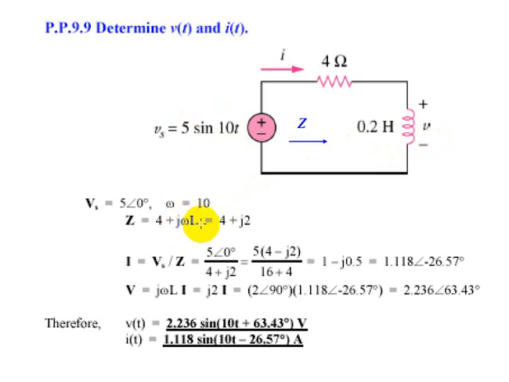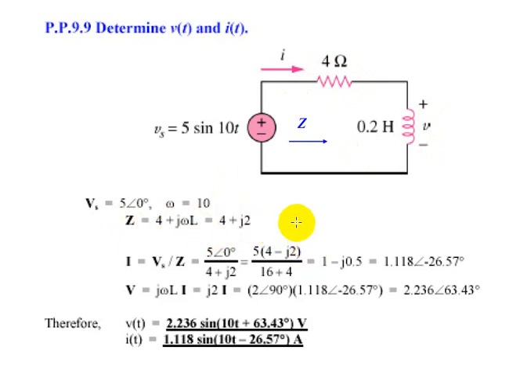I'm sorry, for my mistake. L is 0.2. Therefore, j omega L is j times 10 times 0.2. 10 into 0.2 is 2. So the overall impedance of this network is 4 plus j2.